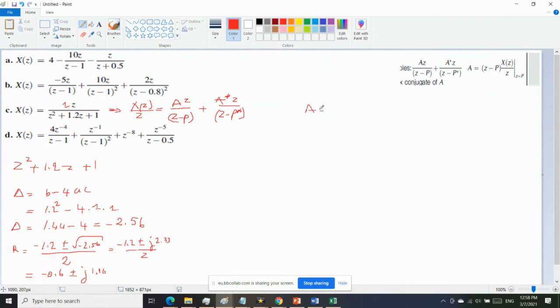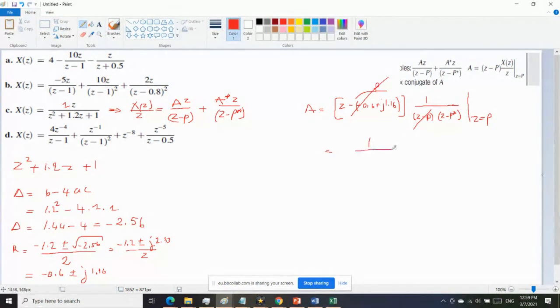So how do I find A? It's Z minus the first root, minus 0.6 plus j 0.8, times X(z) over z, which is 1 over z minus P, z minus P star, all evaluated at z equal to P. Z minus P will cancel.